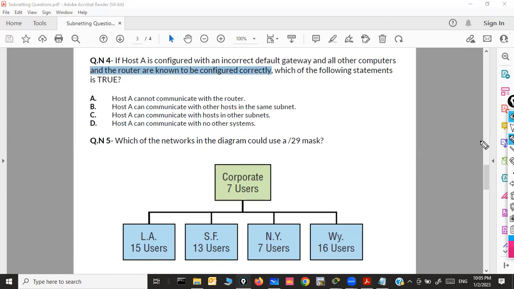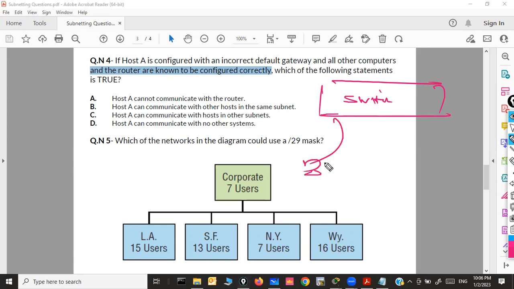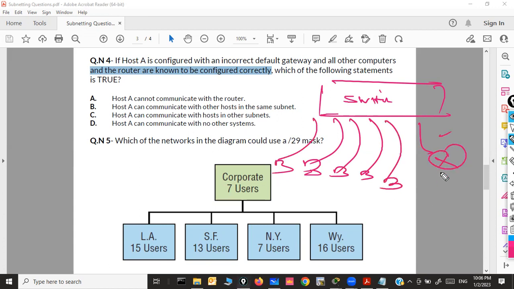So understand the question. There is a switch, for example, and host computers connected this way. Router here, this is the symbol of a router, right? So the question here is, there is one host A.